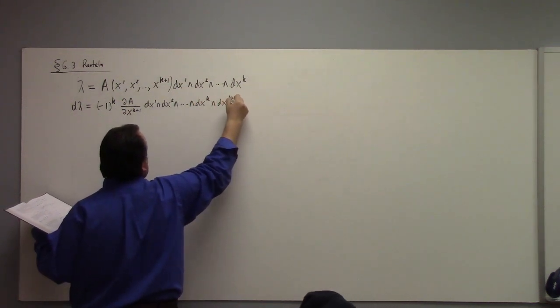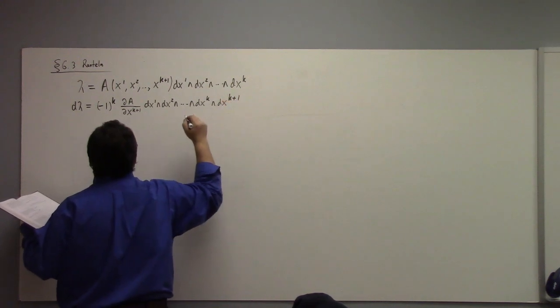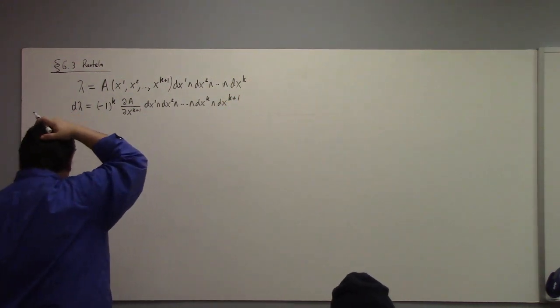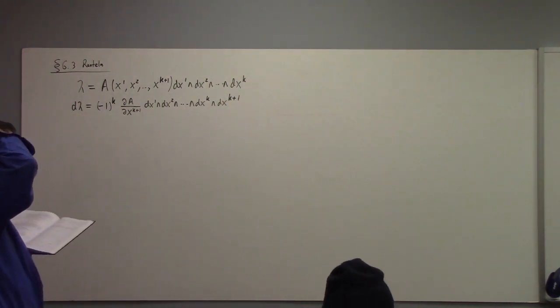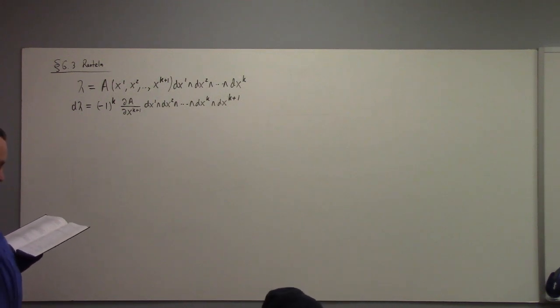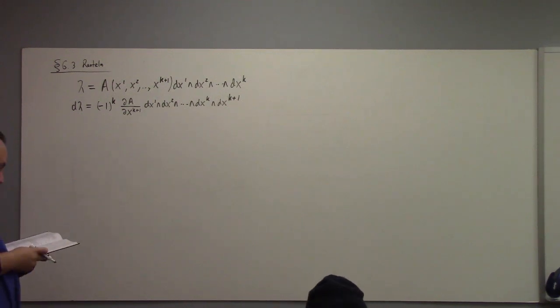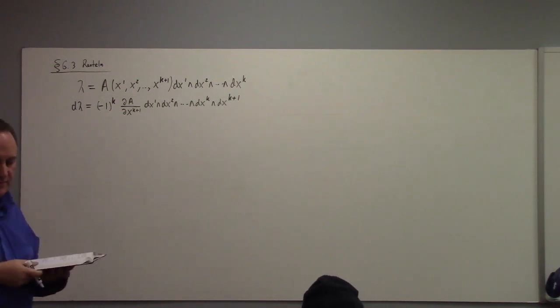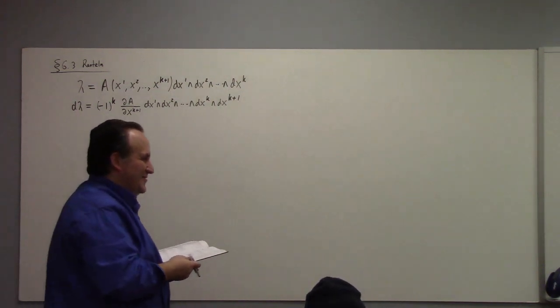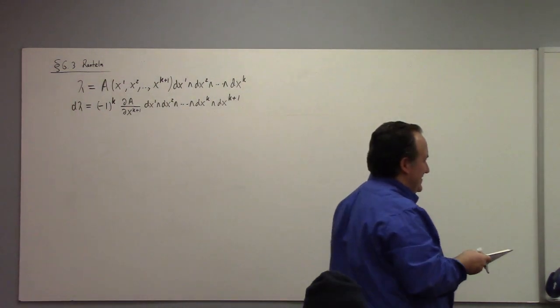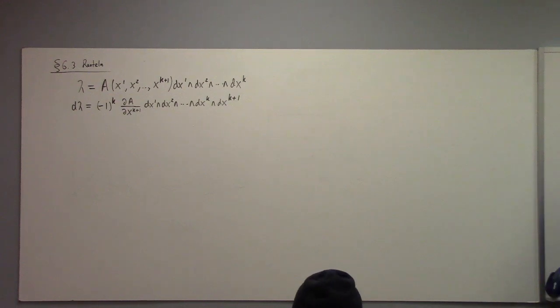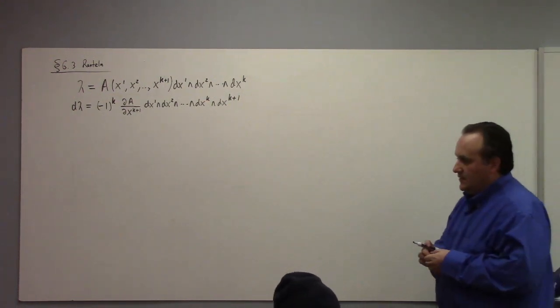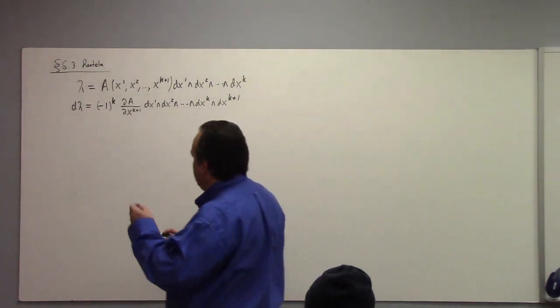Now that's a little bit sneaky. Let me try to explain what's going on in here. He says by linearity, it's enough to prove it for a monomial of this particular form. So an arbitrary k-form on R^(k+1), what does that look like?